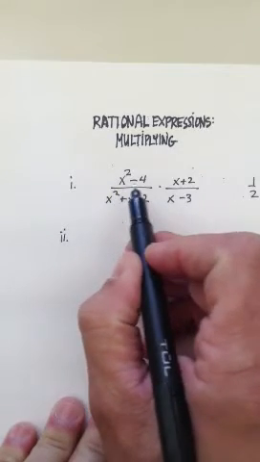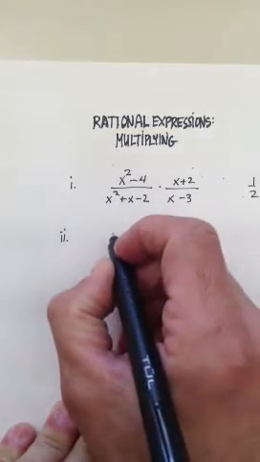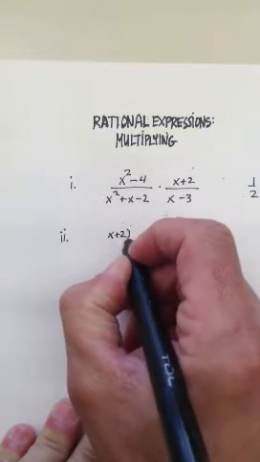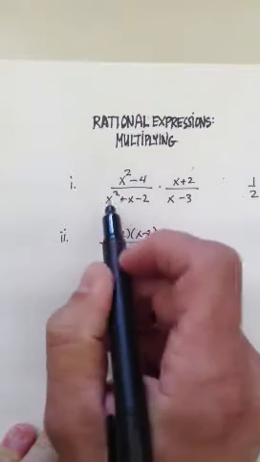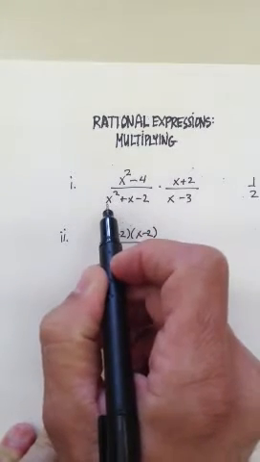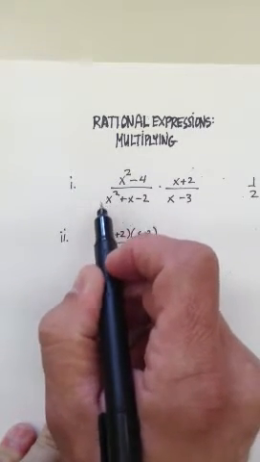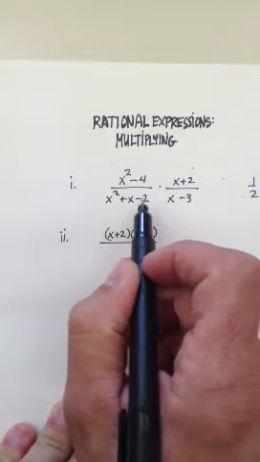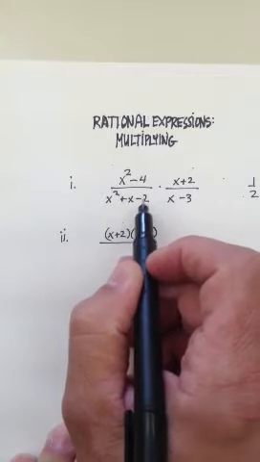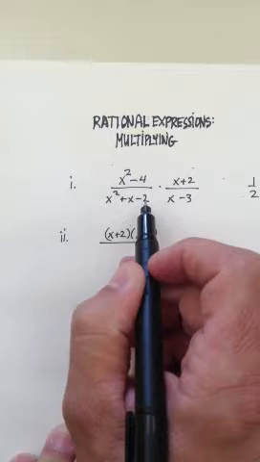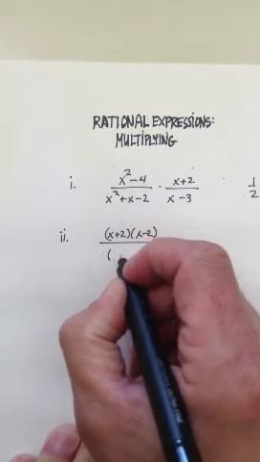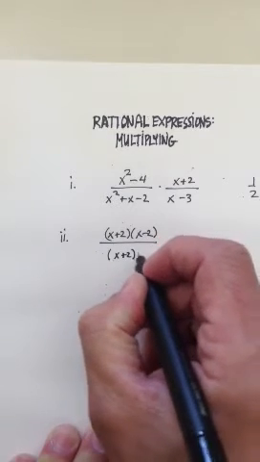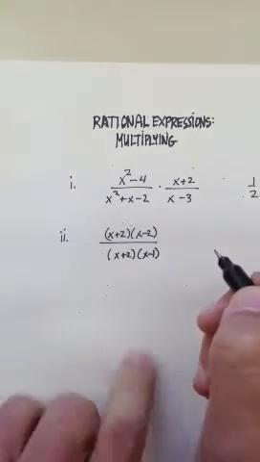You recognize x squared minus 4 as a difference of squares, so we'll say x plus 2 times x minus 2. Down here, you'll see a trinomial with a leading coefficient of 1. So you go immediately to the back side and ask, what two factors of -2 add up to a positive 1? If you said x plus 2, x minus 1, you're correct.